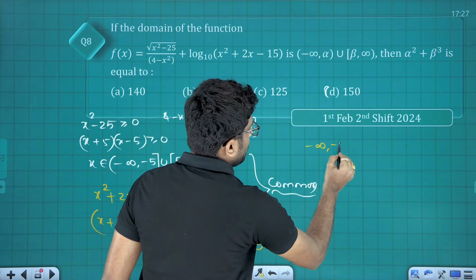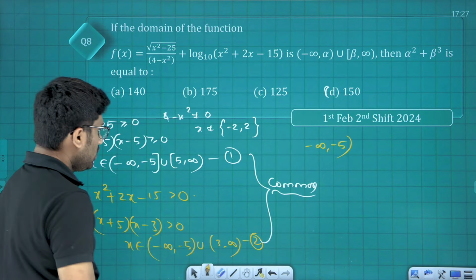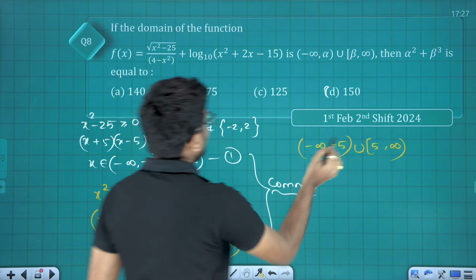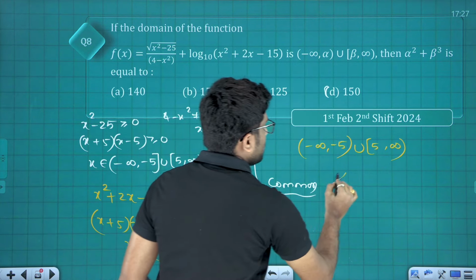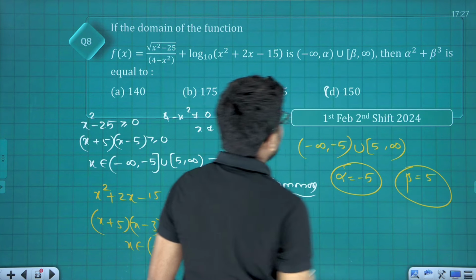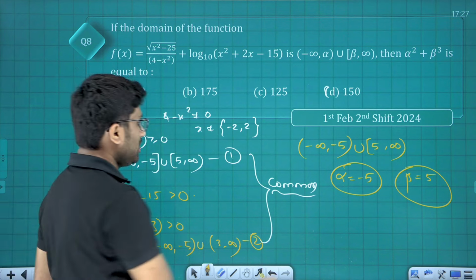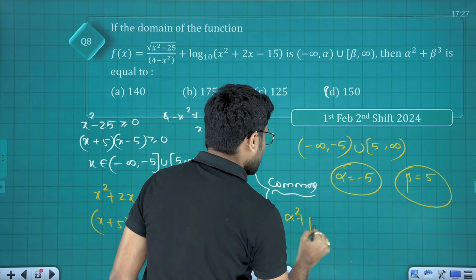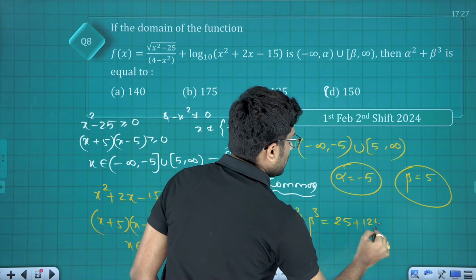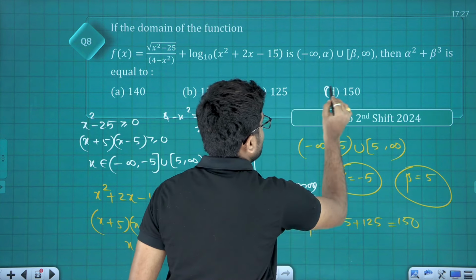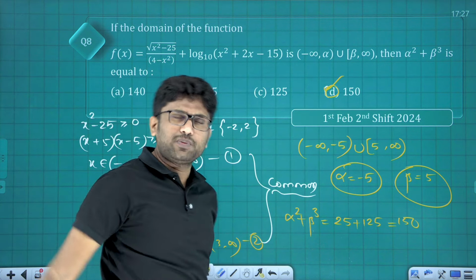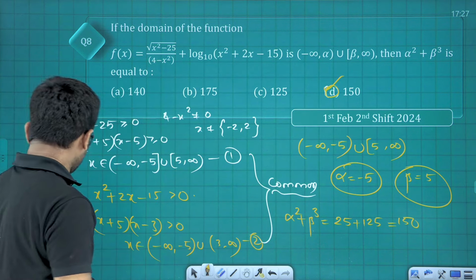Minus infinity to minus 5 open brackets, union closed 5 to infinity. So by comparing this with this, alpha is equal to minus 5, beta is equal to plus 5. Now what are they asking? Alpha square plus beta cube. Alpha square plus beta cube is equal to 25 plus 125, which is 150. That is the answer. Clear? So the answer is 150. Simple question, just based on domain.